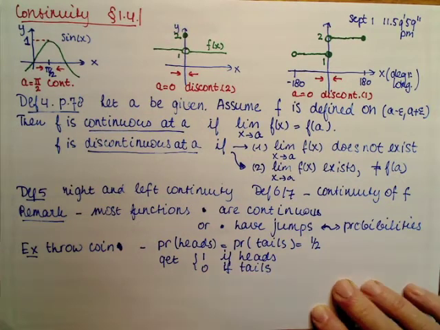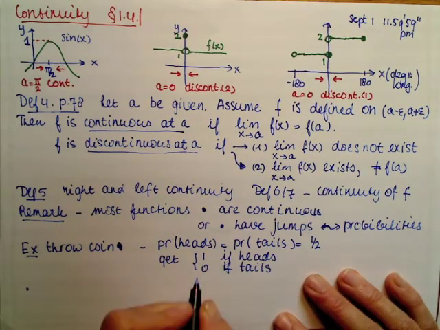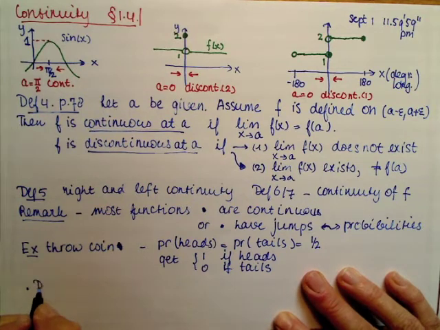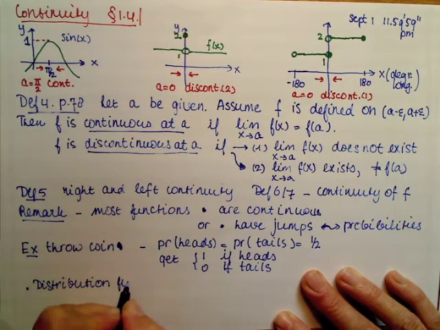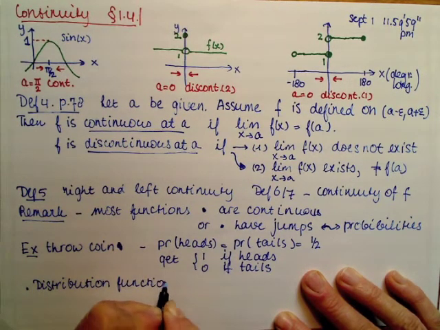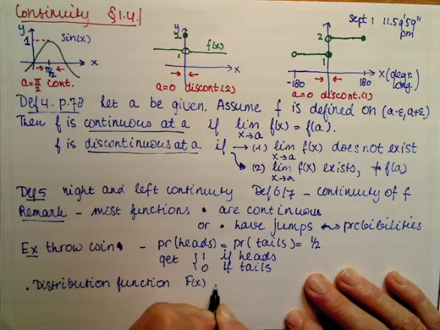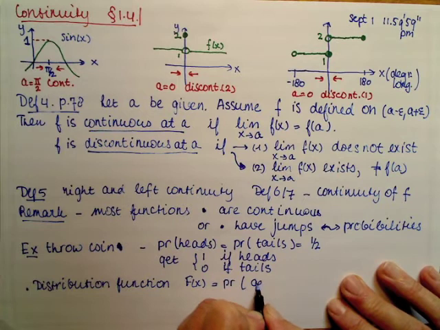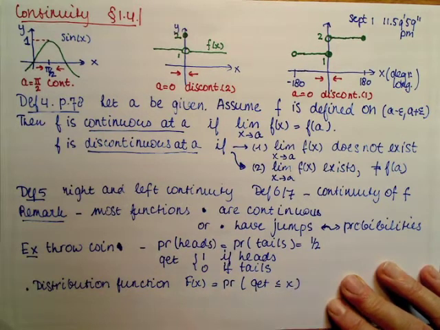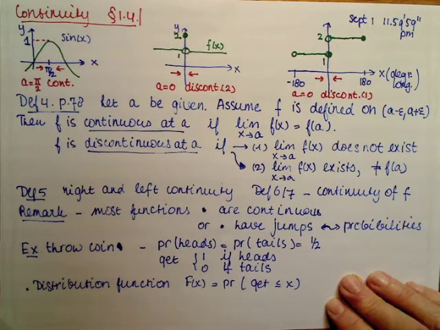Now, of course, this is not a function. We associate with these probabilities the so-called distribution function. It is denoted by capital F of x. And what does it mean? It's the probability that we get less or equal to x. How does this function look?